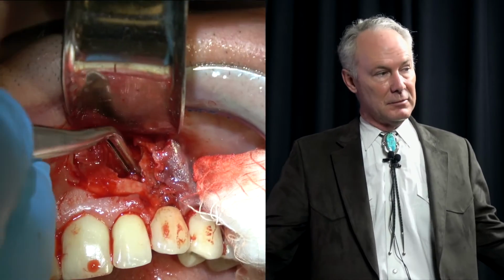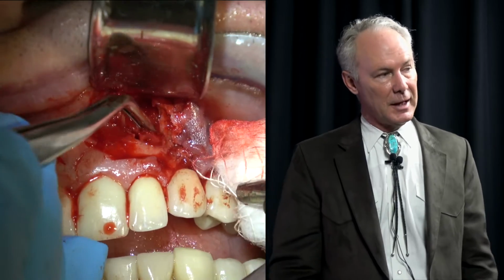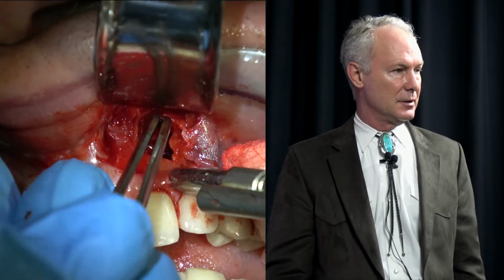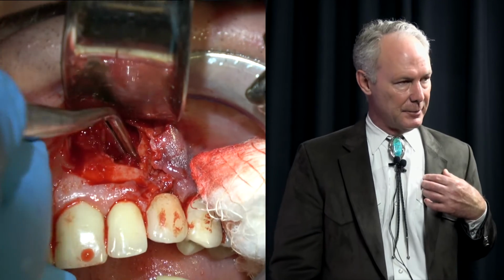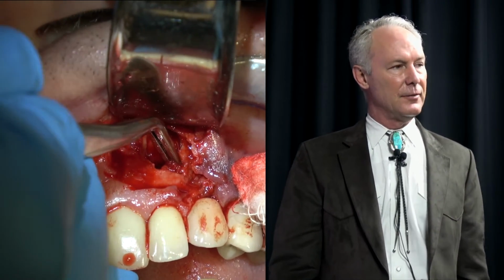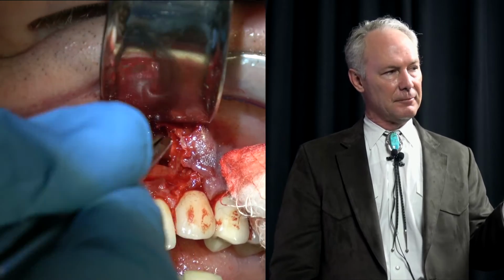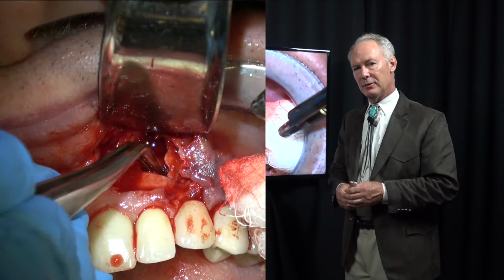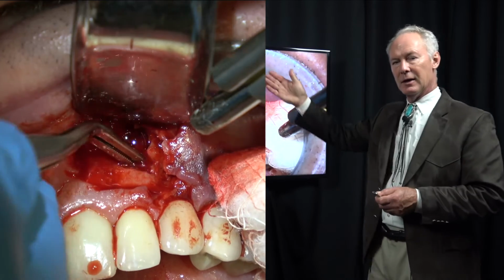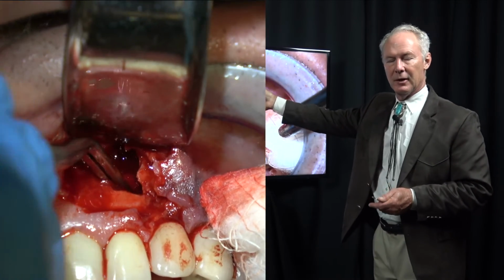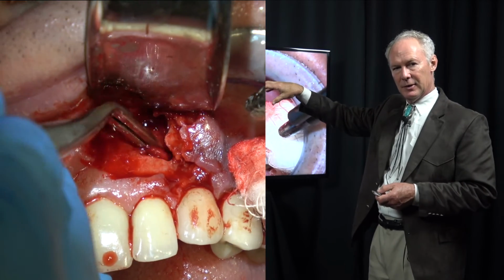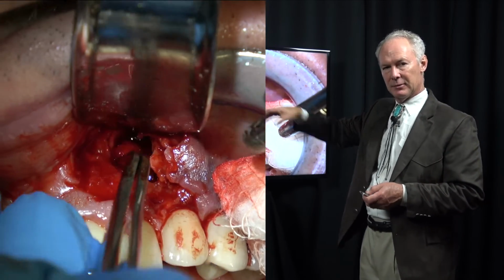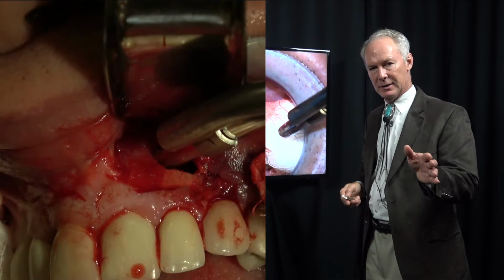What's the worst case? Worst case is you could lose the tooth in a fairly short period of time. I've never had that happen. If that happened, I think it would be from a vertical fracture that I probably would discover once I removed the bone and began the apicoectomy, and I'd explain that to the patient ahead of time.